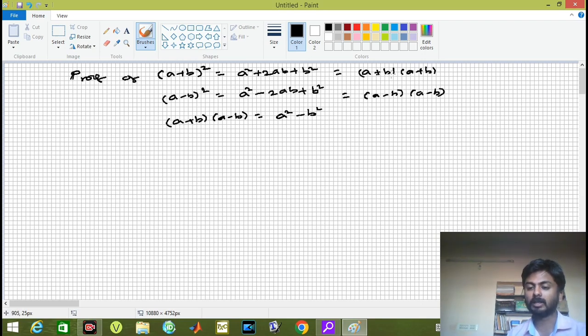Mathematicians in real life would have faced some problems, and they thought it would be very beneficial if they simplified the solution in such a way that they could present it in identity form to solve problems that arise in the future.